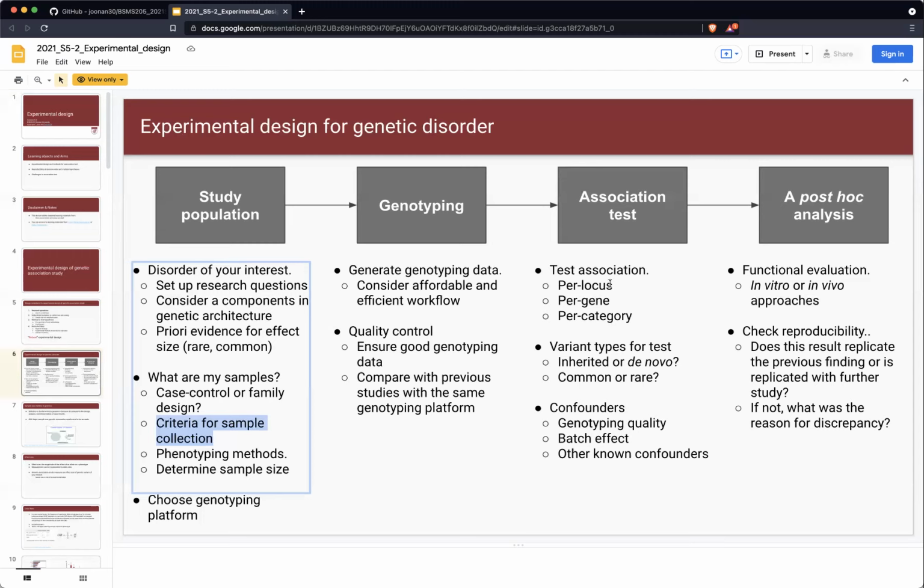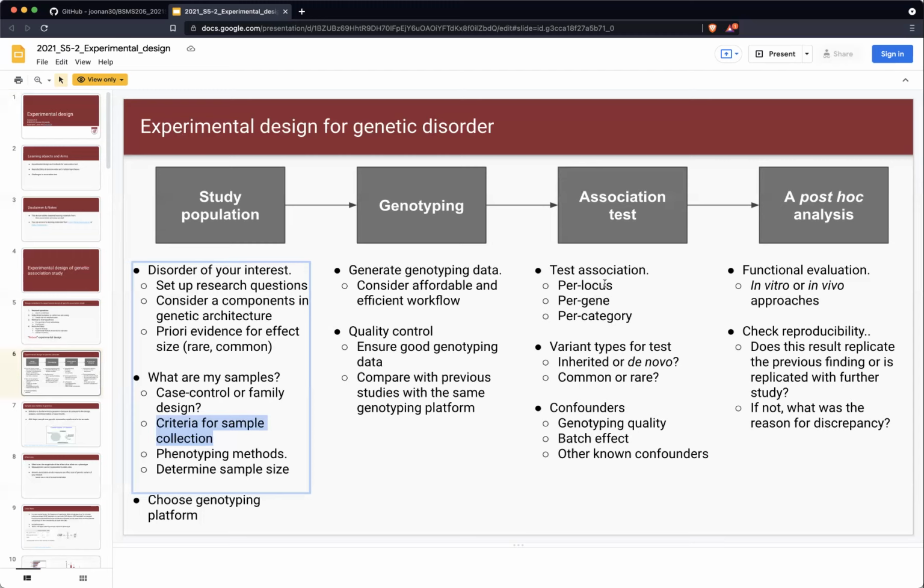Okay, so once you finish genotyping, then you move on to association testing. For genetic association, you can choose different ways. You can test the association based on the locus, so you compare the locus of the variants, or you can compare the genes, right? So you can compare the number of variants per gene between case and control.